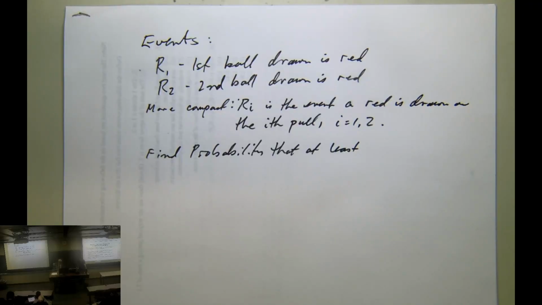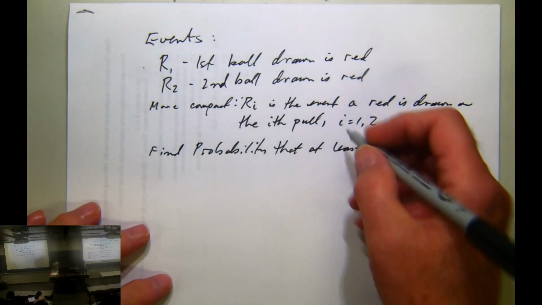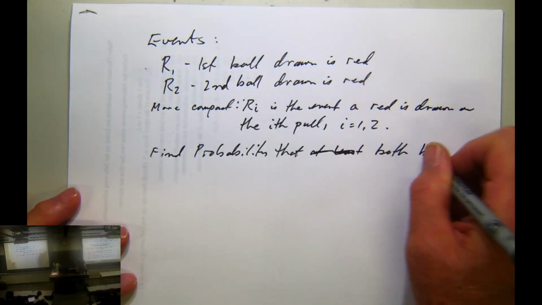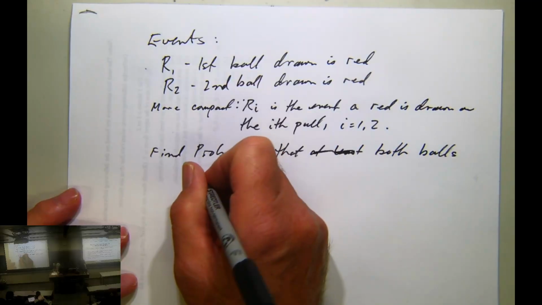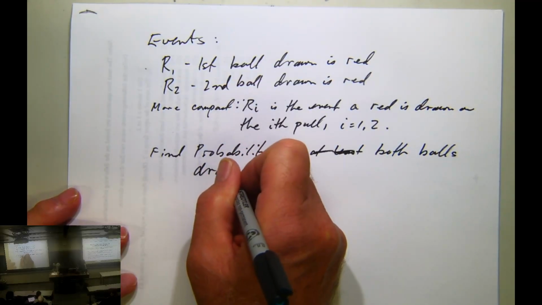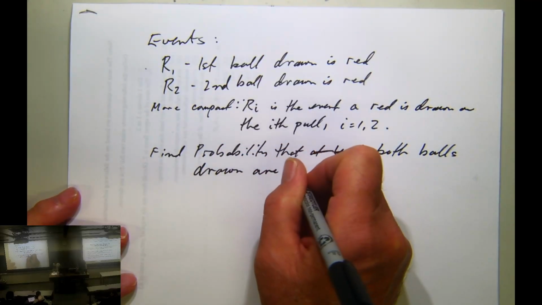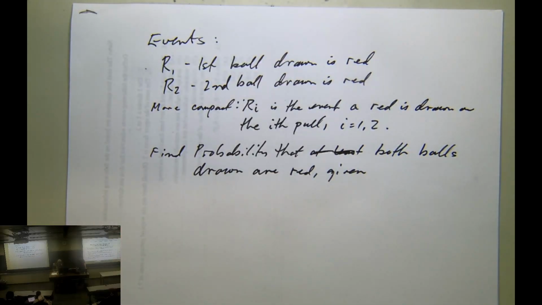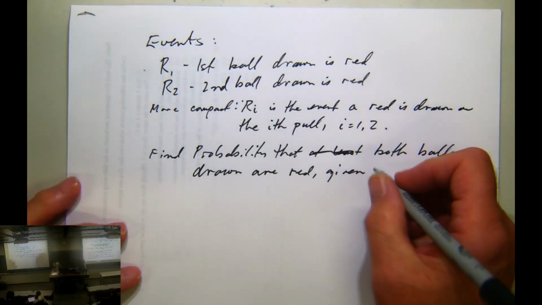So I'm going to rewrite it, just like a probability. What is the probability that both balls drawn are red, given at least one ball drawn is red.